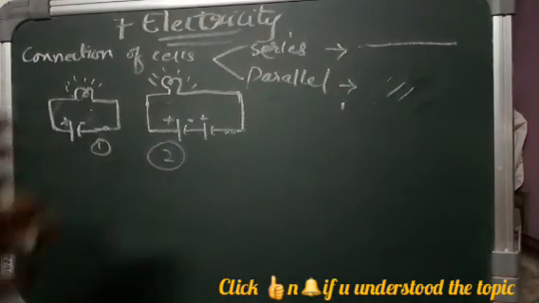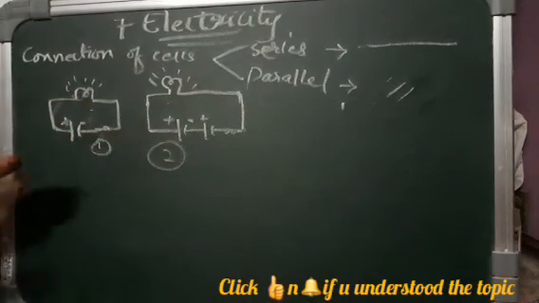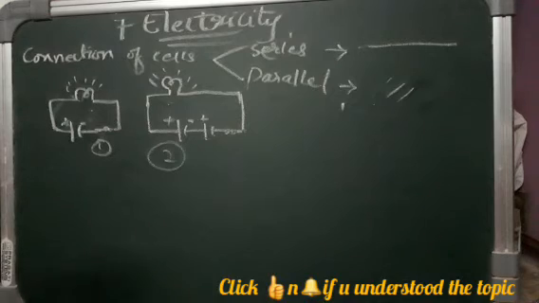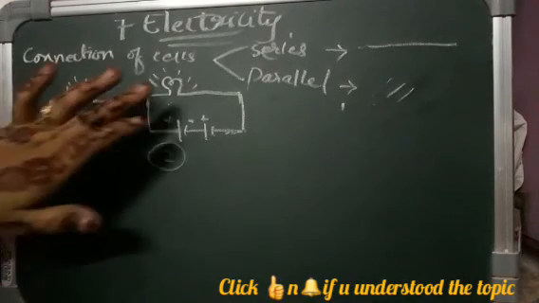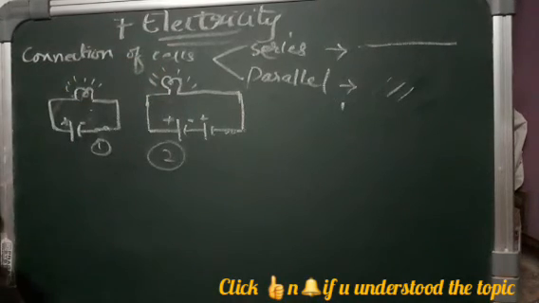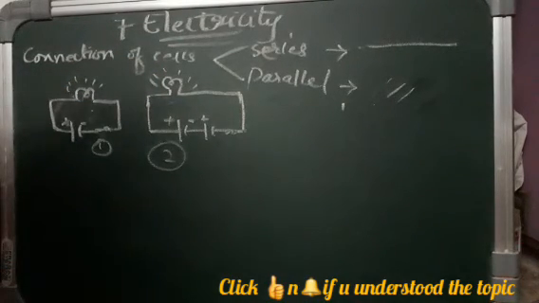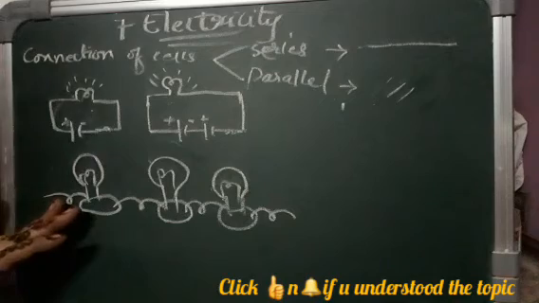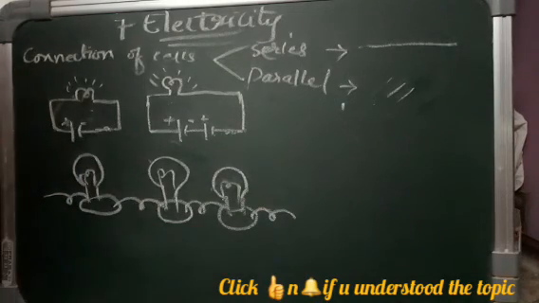But we cannot keep increasing the batteries like this, as it will cause damage to the bulb. So we will see what happens if we connect the bulbs in series. We will take 2 or 3 bulbs, connected in series.